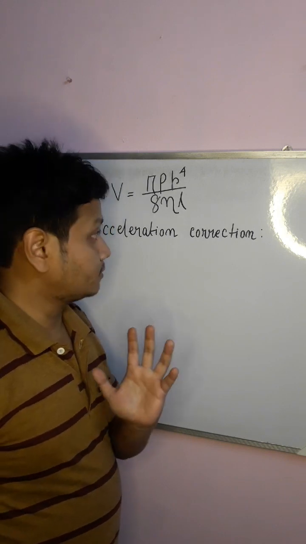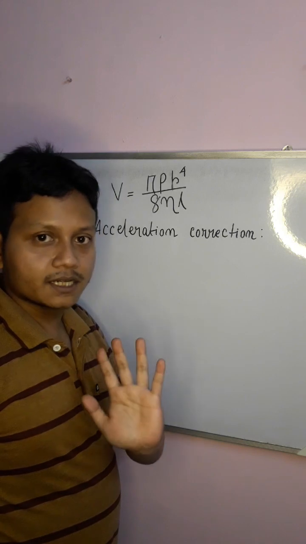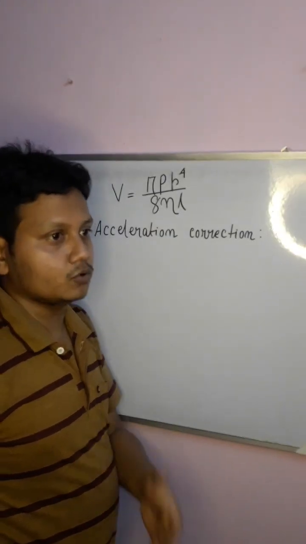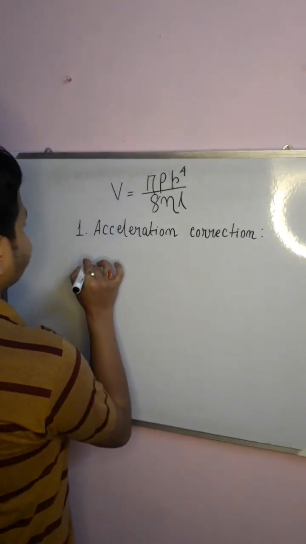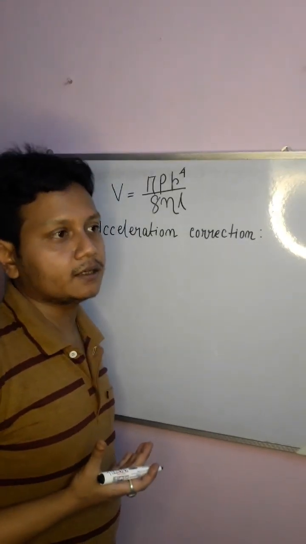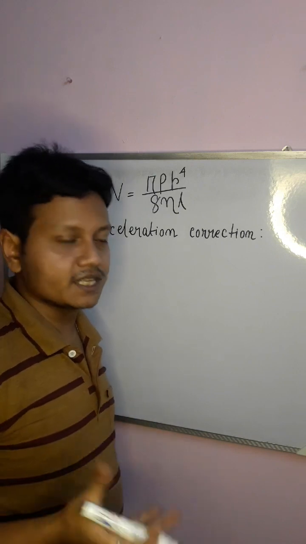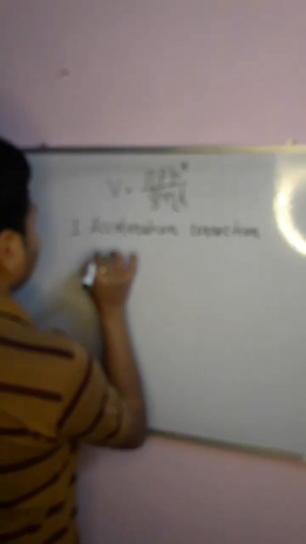In actual practice, I have told that there is some acceleration at the inlet end of the tube. So in order to make the correction due to acceleration, we have to increase the length of the tube by some factor. What?